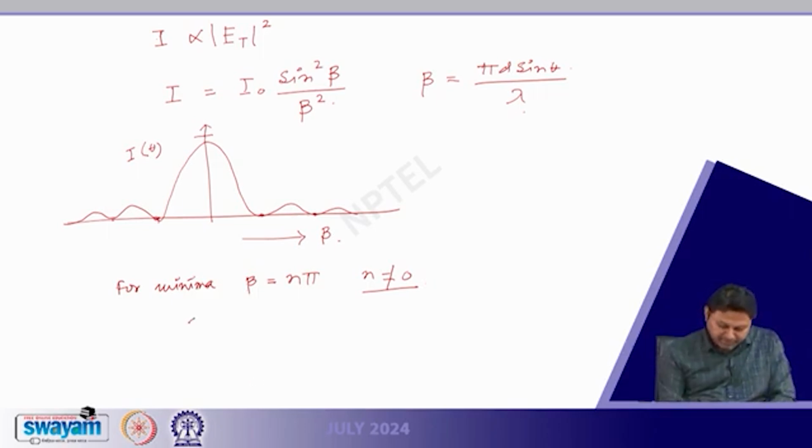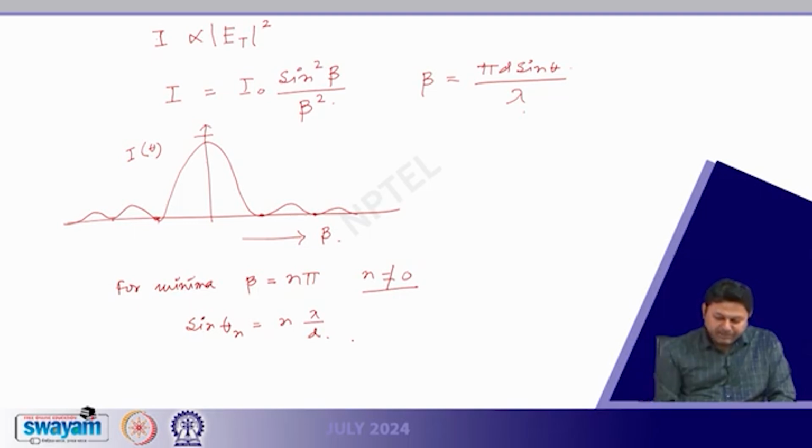So, when beta is n pi, sin theta n will be n of lambda divided by d, because beta is pi d sin theta by lambda.